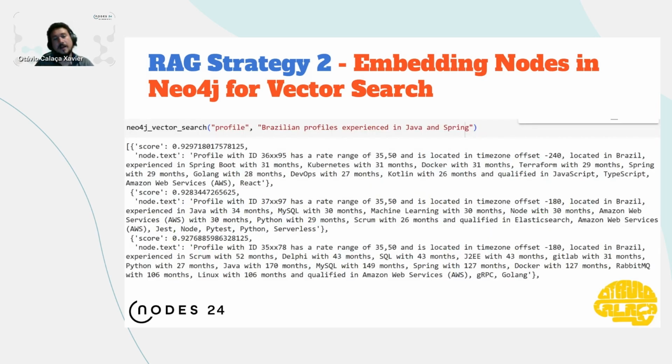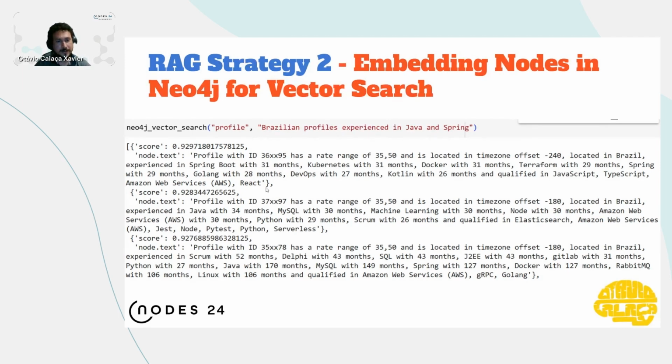And then after adding an index, a vector index, and things like that, Neo4j can do what ChromaDB does, which is vector search. And with that, I can ask directly to the database now, like Brazilian profiles experienced in Java and Spring.